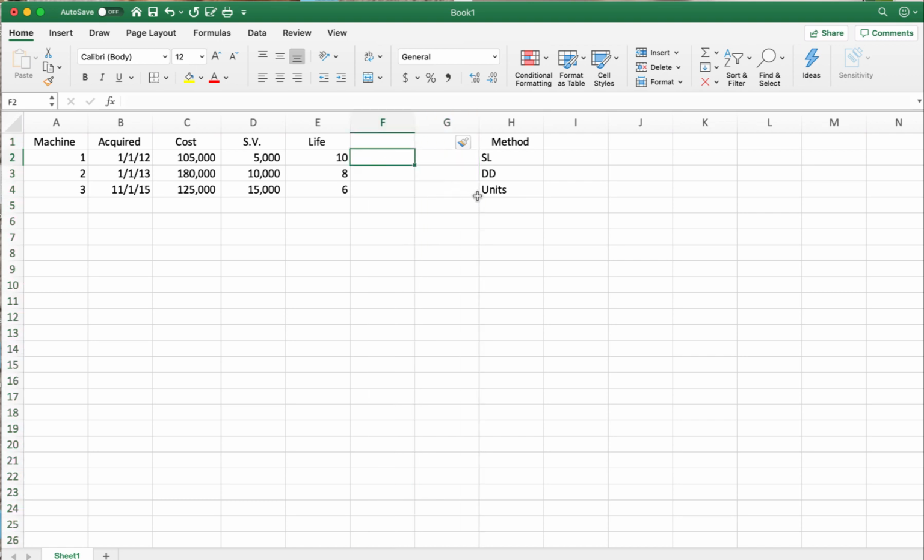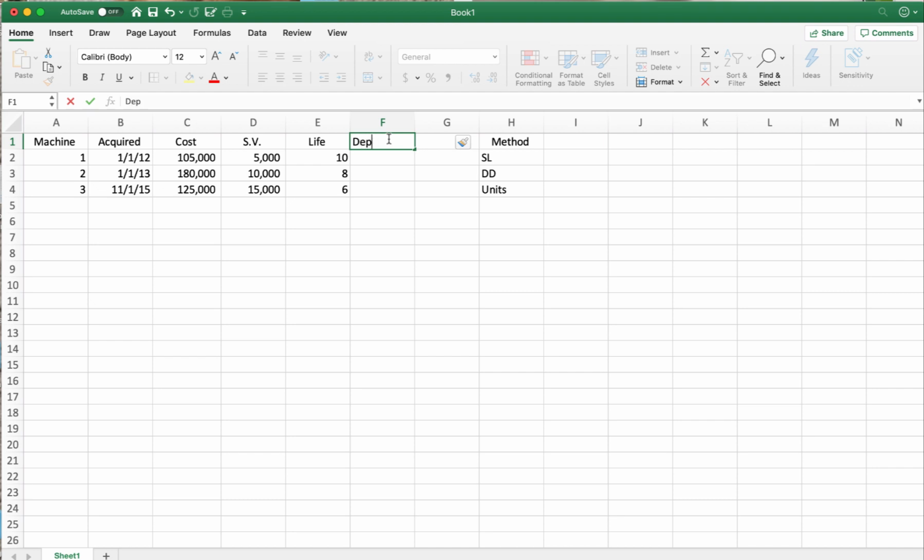First thing we should do is figure out what is the depreciation expense per year, right? Because accumulated depreciation, remember, is that bucket that holds all the years of depreciation expense, right? So I just want to figure out what is the depreciation expense.